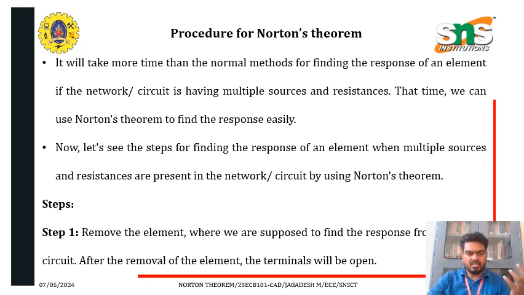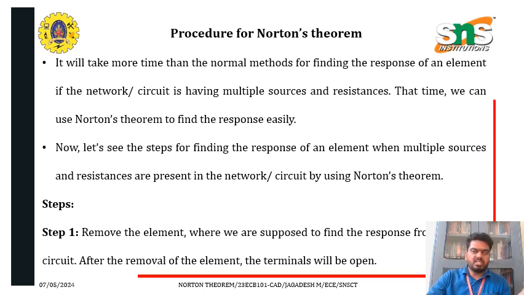The Norton theorem has some procedure, some steps, to achieve this circuit. Finding the response of an element by the normal method will take more time if the network or circuit has multiple sources and resistances. In that case we can use Norton theorem to find the response easily.